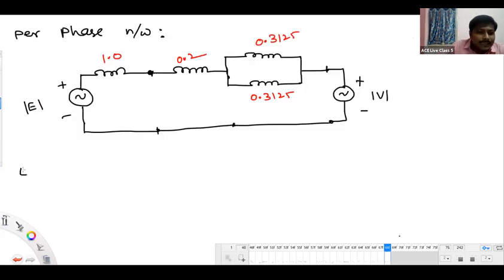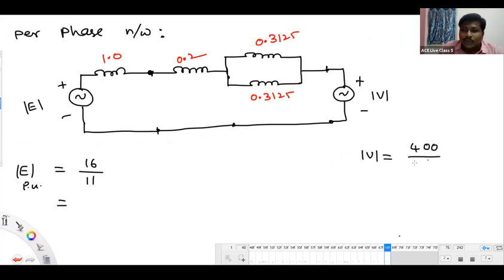So internal EMF in per unit form, actual value 16, base value 11. Calculate it and tell me. Infinite bus voltage, actual value 400, base value also 400. Anybody tell me please, what is that internal EMF? 1.4545 per unit. Good.